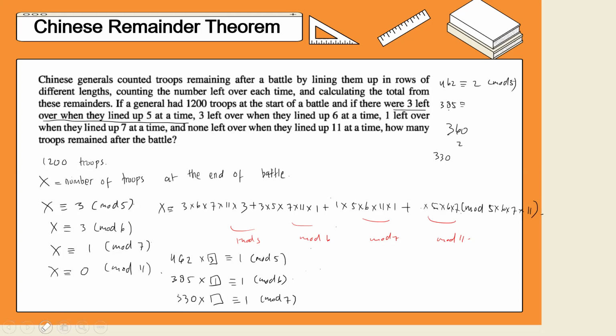And find the inverse of 5 times 6 times 7, which is 210, modulo 11.